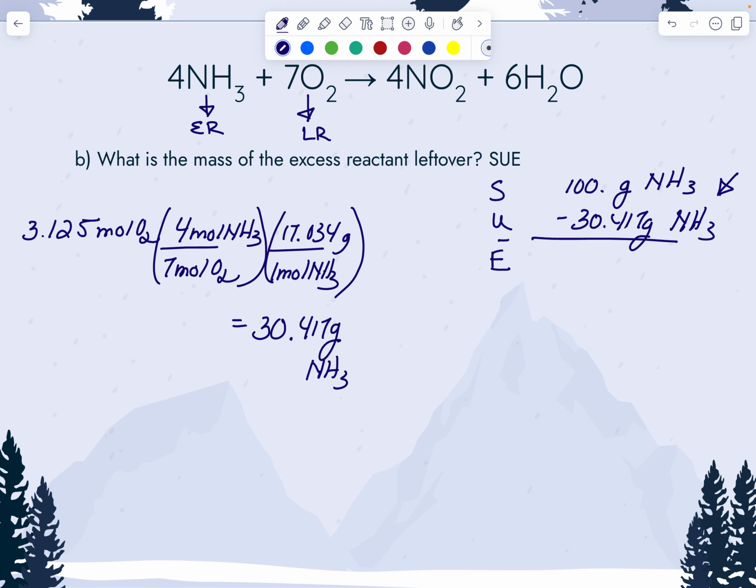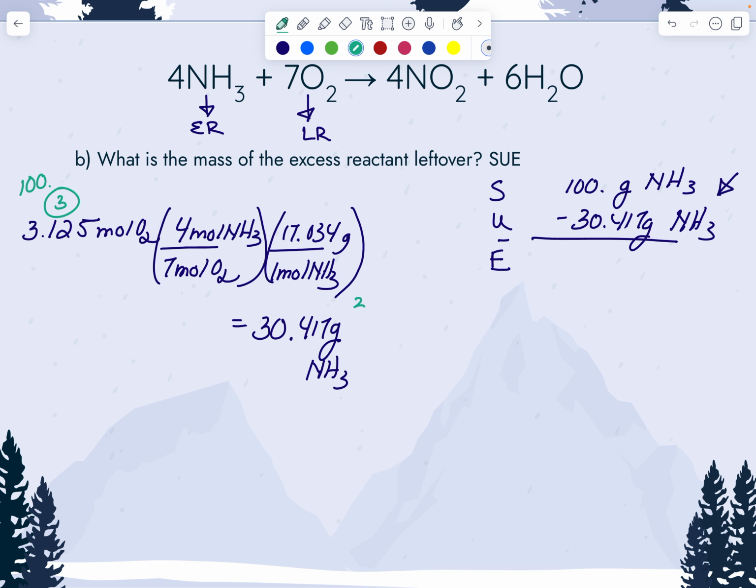Right, remember these two must be of the same compound, right? When we're subtracting, we have to always subtract both the same unit and the same compound. Now, before I get my answer, I want to think about significant figures and decimal places, right? This started from 100 decimal point grams of oxygen.